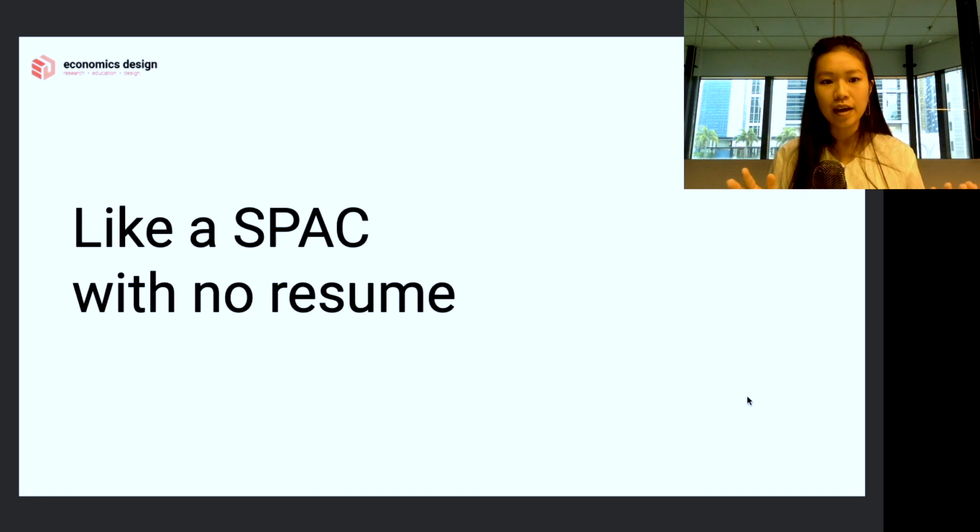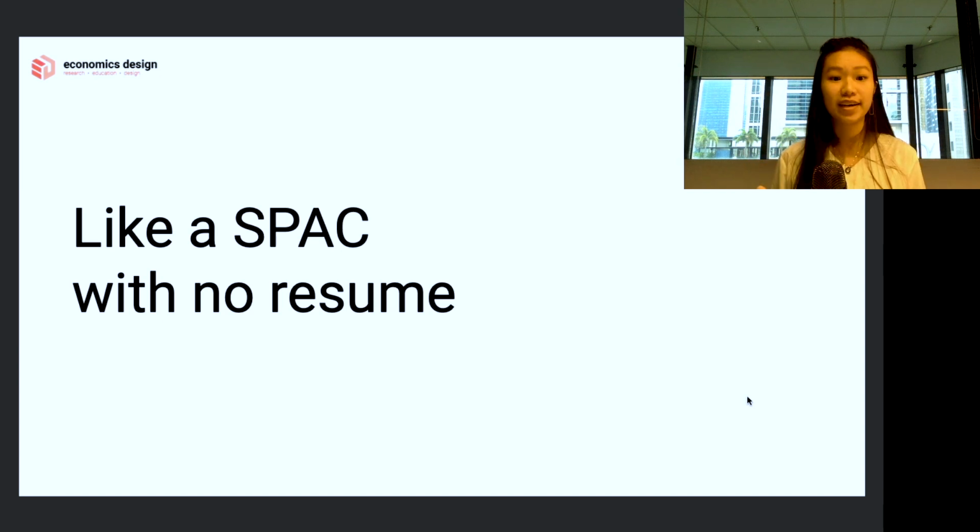So BarnBridge kind of works like a SPAC because they're raising capital from the public and then allocating into these different bonds or assets that they're structuring. And I would say with no resume, because right now it's still an idea. The product is not out yet. They have not tested it. They have not trialed it. So it's kind of like a SPAC with no resume right now. That's what BarnBridge is in the traditional financial world.